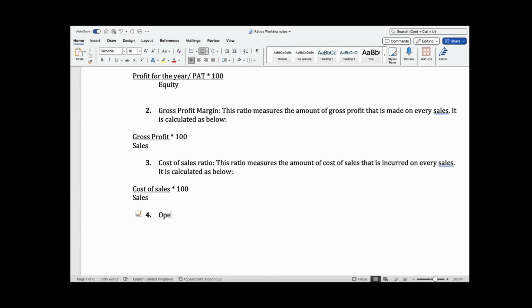And there is also the operating profit margin. And this ratio measures the amount of operating profit that is generated on every sales, and it is calculated as below.